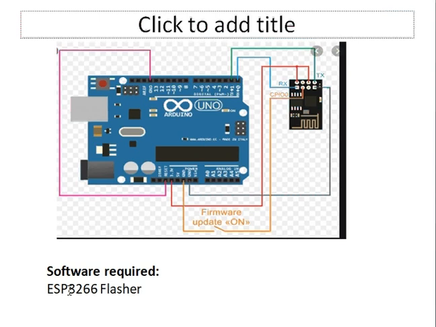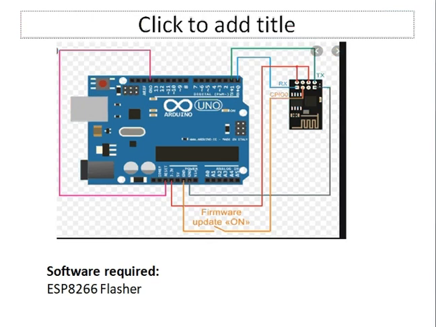There is a software known as ESP8266 flasher. This is an application, and when you double click on this app, it shows you a front panel where the selection of COM port and everything is visible, and also you can select the firmware which you want to load onto this IC.